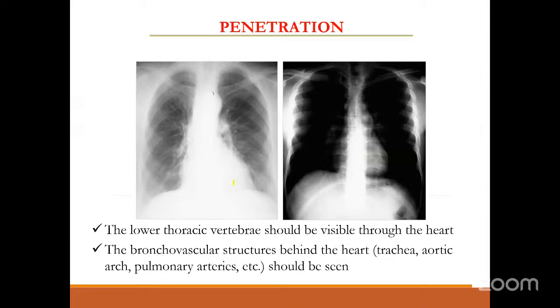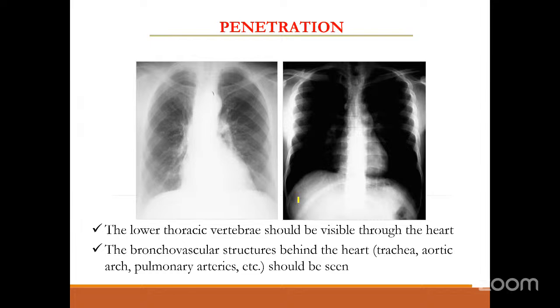Next comes P. P stands for penetration. A properly penetrated film would ideally give you the lower thoracic vertebra, which should be visible through the heart. If you are unable to see that, that is an underpenetration, as you can see on the right side. Also, the bronchovascular structures behind the heart should be seen.